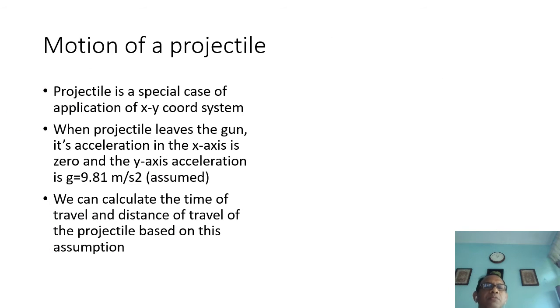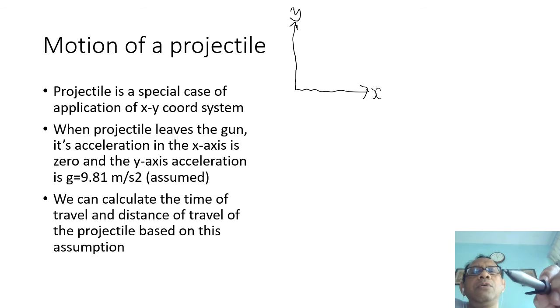So we go to the next one, which is the motion of a projectile. A projectile is a special case of application of the xy coordinate system. So you have an xy coordinate system, with x and y, and you can launch a projectile at a certain angle.